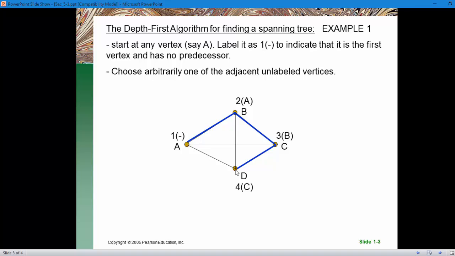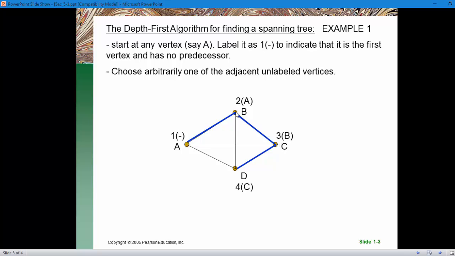That means I have to backtrack. From D, I go back to the previous vertex, the predecessor, back to C. From C, I can continue from there through another adjacent vertex. But all the other adjacent vertices, like A here, are already labeled, so there is nowhere to go from there.